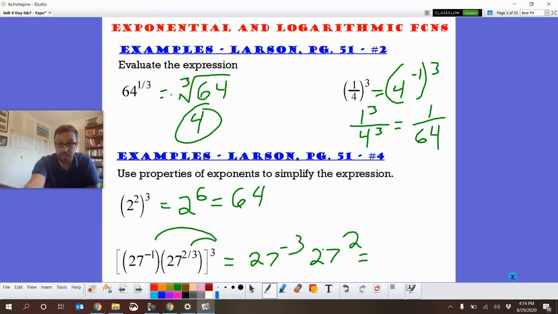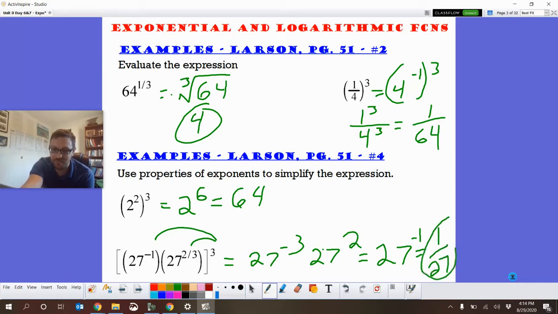And now since those bases match, we can put them together. But when we put them together, we're going to add the exponents. So negative 3 plus 2 is -1, and we get 1/27 for that one.